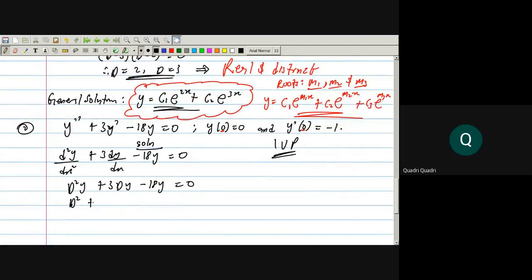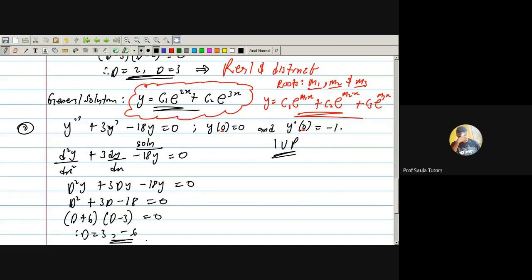D squared plus 3D minus 18 equal to 0. Now we solve this quadratic equation. What I'm having is 6 and minus 3, so D plus 6, D minus 3. Therefore, D equal to 3 and D equal to minus 6.